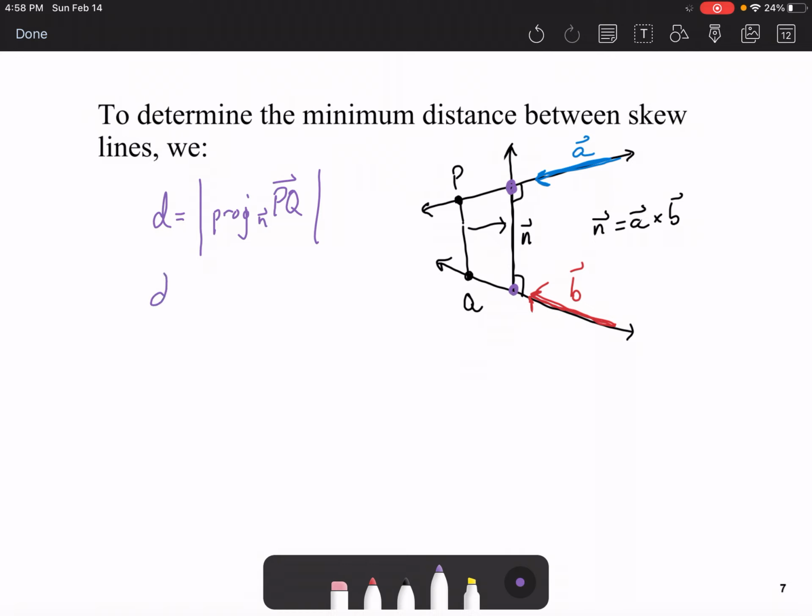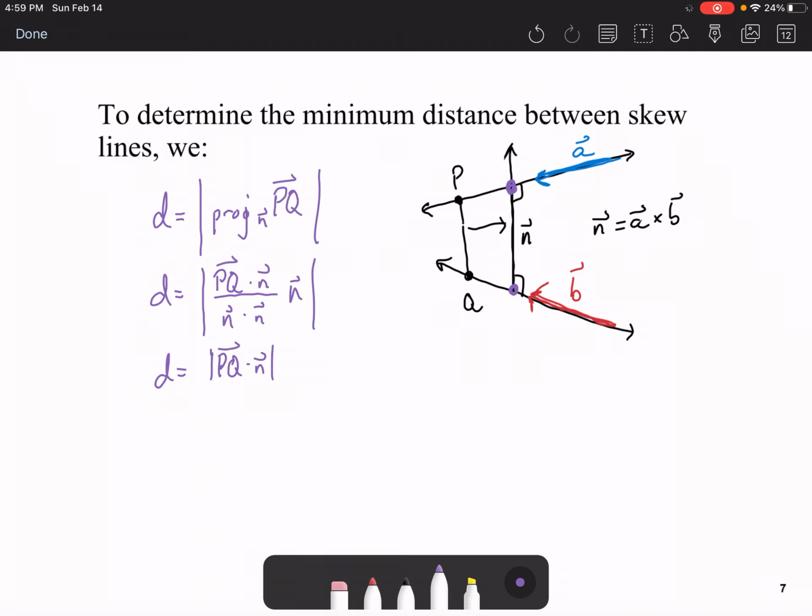If we remember projections, to work out the projection of PQ onto n, all we have to do is take PQ, dot it with the vector n, put it over n dot n, and multiply by the vector n. But now we're looking for the magnitudes of these things. So again, the magnitude of PQ dot n we can work out.